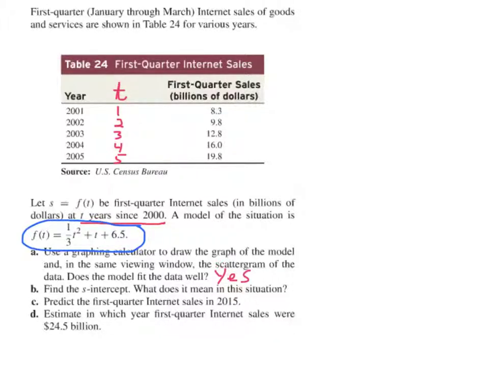So let's answer these other questions. Let's start with part B. Now part B says find the s-intercept. So to find the s-intercept, we have to substitute a 0 in for the opposite variable, which is t. So we're going to let t be 0. And when we plug in a t equals 0, that's really f of 0.